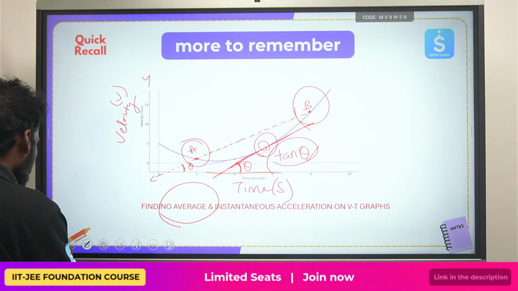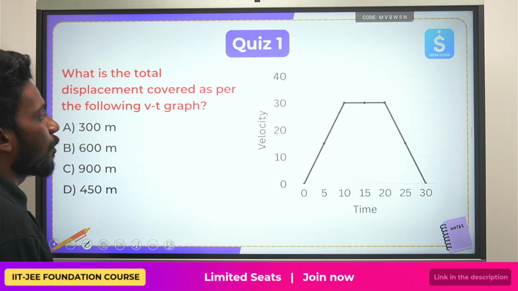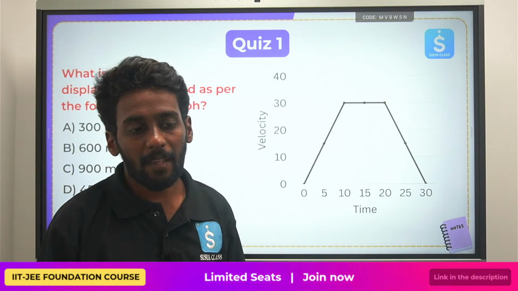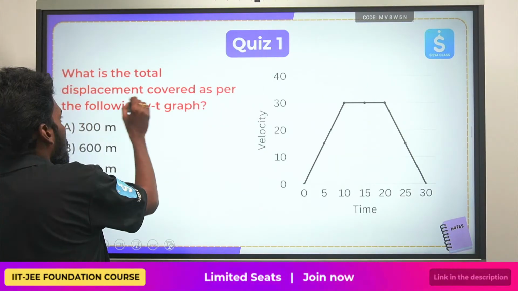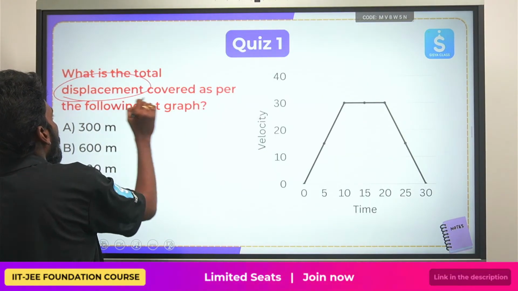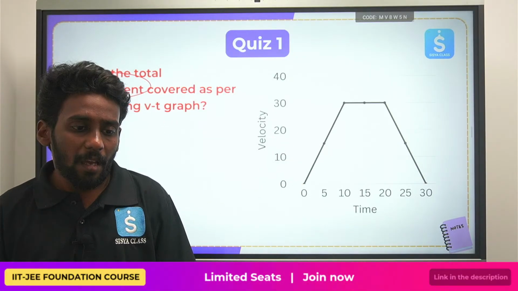Now going into the numericals. The first one: what is the total displacement covered as per the following velocity time graph? They are asking to find displacement in this graph.